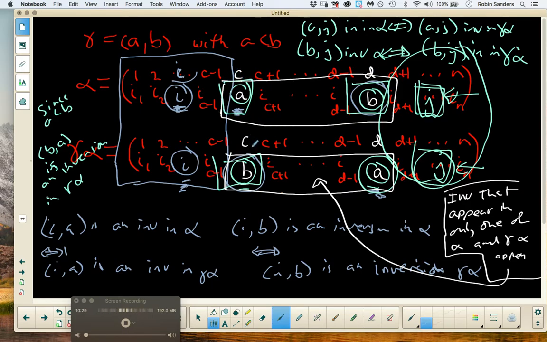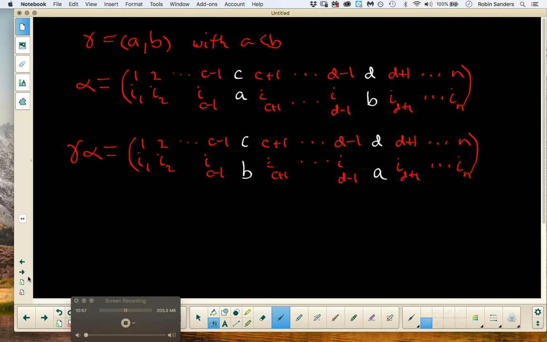The inversions have to be something that either starts with this A and goes there. Actually, I guess I should call it I again. Or it starts with this I and goes there. Or it starts with this B and comes here. Or it starts with this I and goes there. So let's look at that much more carefully.